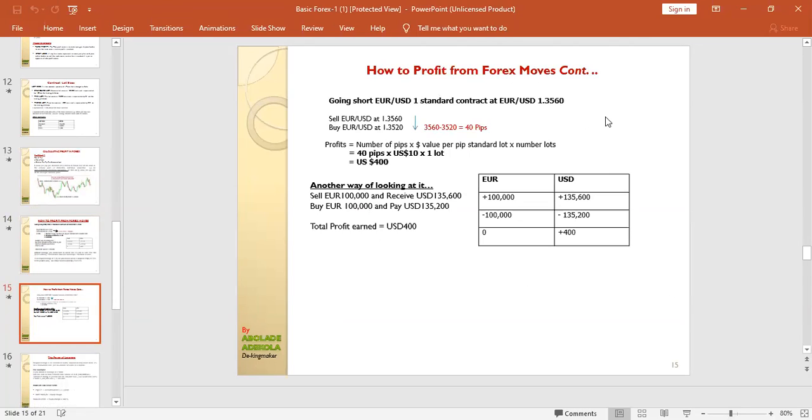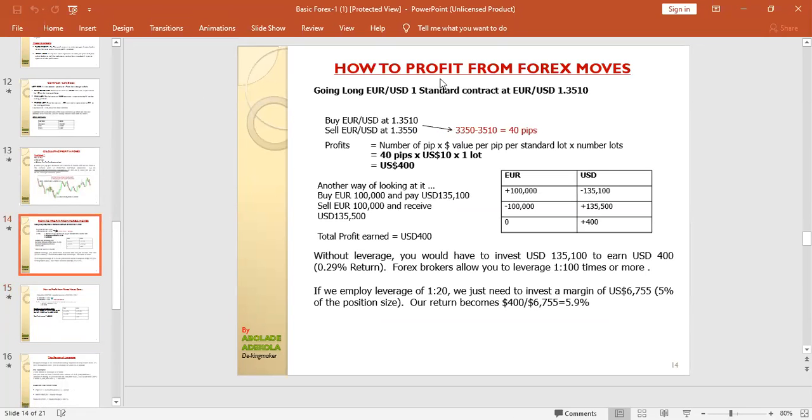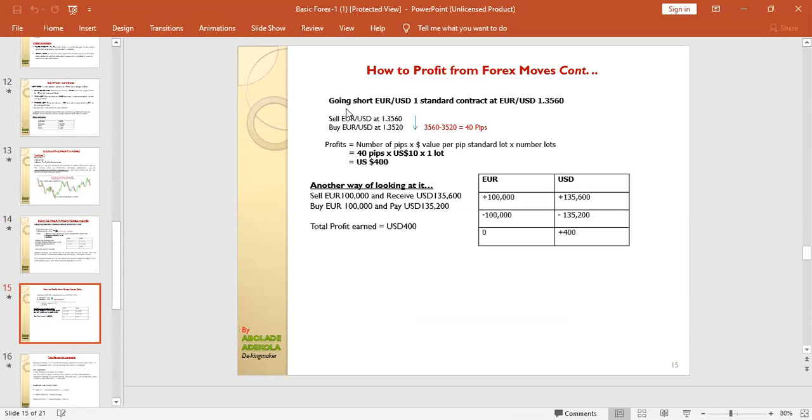Now, let's say you want to sell. Remember, the previous slide talks about how to buy, which is you are going long. Now, the opposite side, how to sell. You are going short. You are selling now. Let's say you have sold a Euro USD one standard lot contract at 1.3560.